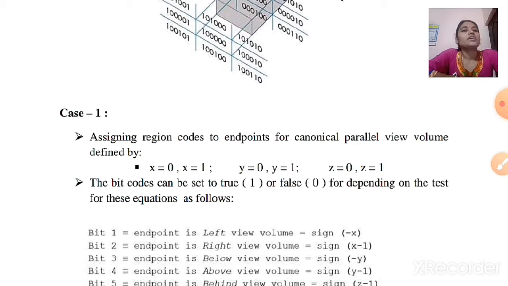Okay. If the bit code is set to true, that means it is set to 1, otherwise it is false, that means it is set to 0. So if the bit is set to 1, then it is true. If the bit is set to 0, then it is false.